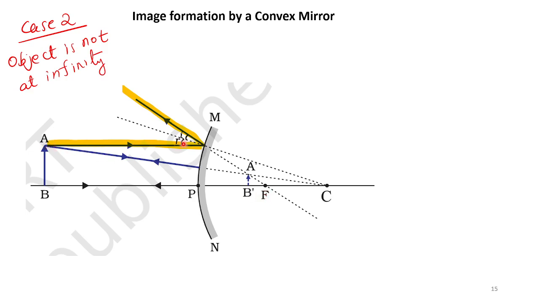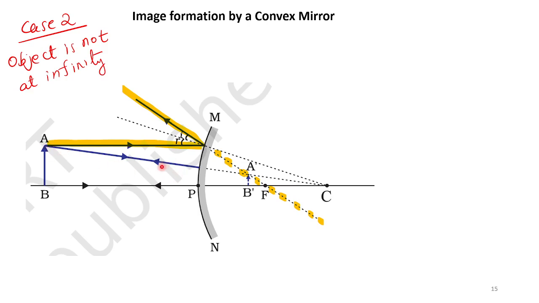Okay, parallel ray will be reflected. If I extend the reflected ray, it will be meeting at focus. Understood? So this is the reflected ray. This is the extension. Okay, this is just an extension. Extension meeting at focus.